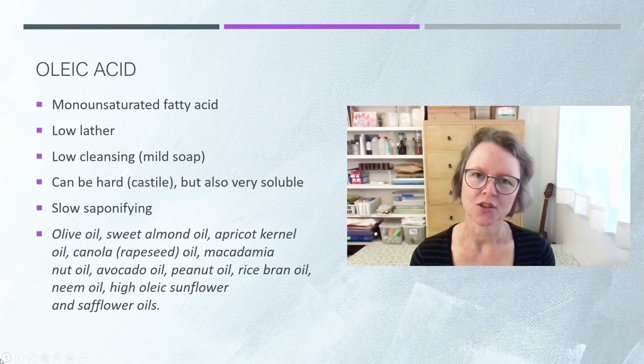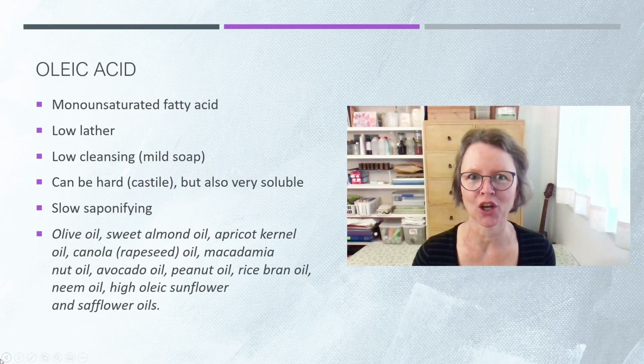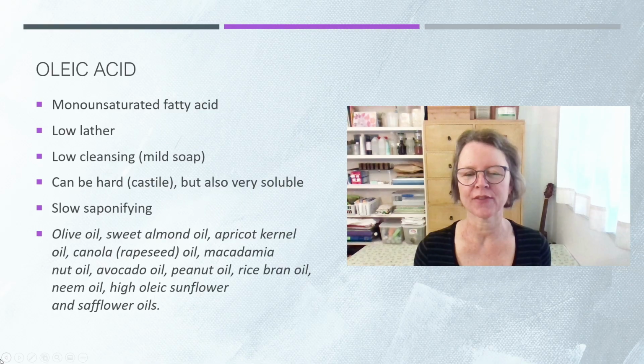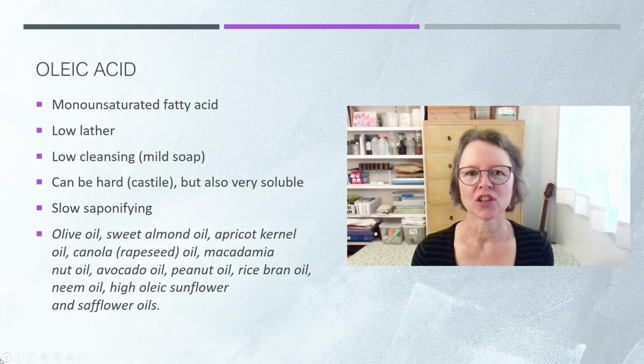But once you get to use them in the shower, they're very soluble. And we all know that Castile soap can have that gooiness. A lot of my soap recipes on this channel, especially my early ones, are very, very high in oleic acid because it's very mild. And if you've got sensitive skin, having lots of oleic acid in your soap recipe can be great.